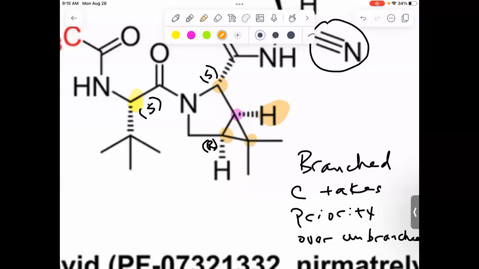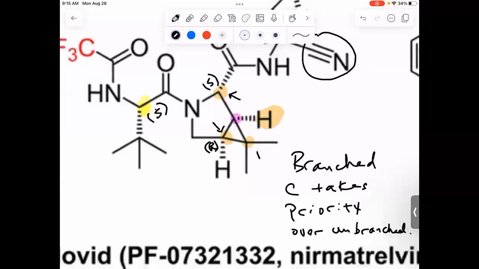And we know the hydrogen is going to be the lowest priority group. So of those 3 carbons, which one do you think is 1? The branch carbon. Good. So that's 1. And then between these 2, here and here, one of those is going to be 2, one is going to be 3 in priority. What do you think?